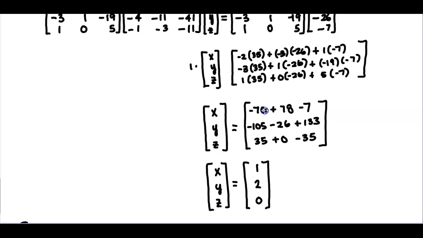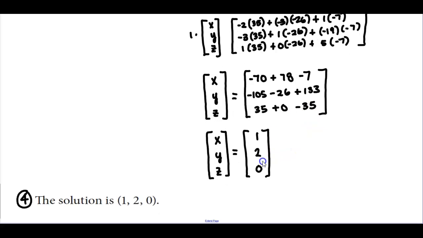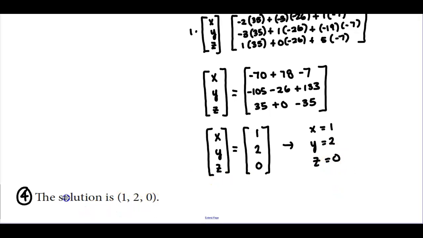We get negative 70 plus 78 minus 7, which gives you a value of 1. We get negative 105 minus 26 plus 133, which gives you 2. And 35 plus 0 minus 35, which gives you 0. So what this tells us is that x is equal to 1, y is equal to 2, and z is equal to 0. So therefore, the ordered triple, which is the solution, is 1, 2, 0.